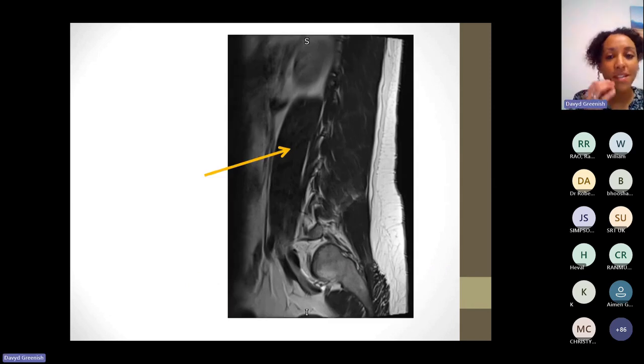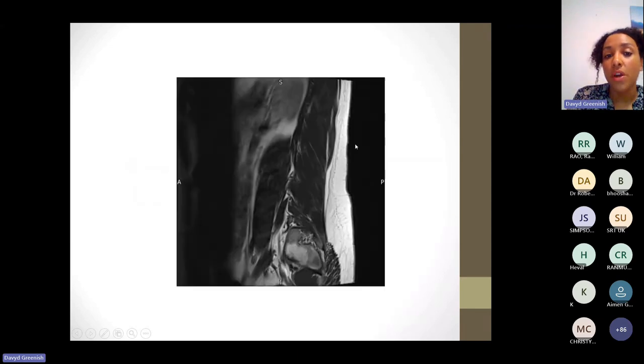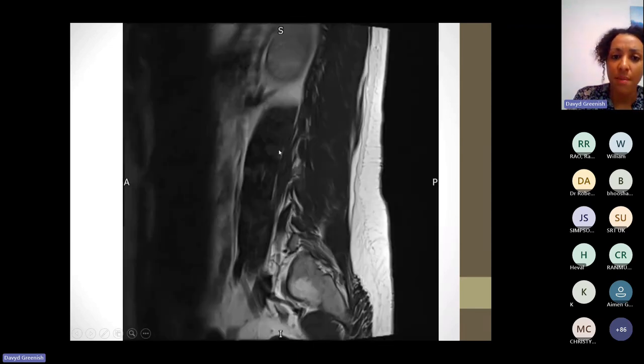Another slightly odd question, but you can get thrown these things. What is this structure, you might be thinking? Well, it's the same kind of intensity as this, and these are all your sort of muscles of the back, but this one's anterior, it's more within the abdomen. So this is your psoas muscle, and I will show you that because it's just nice to follow on an actual MRI scan.